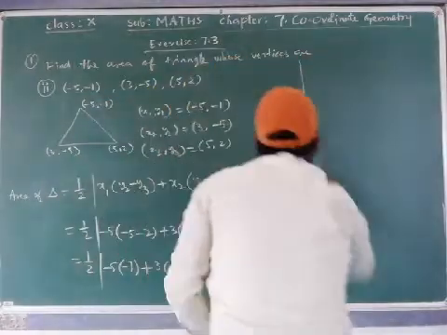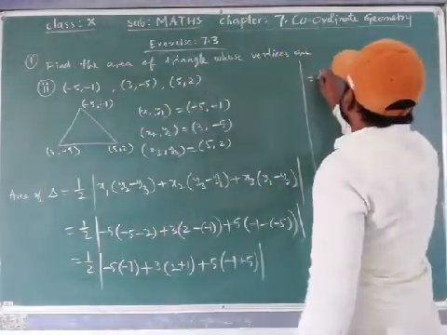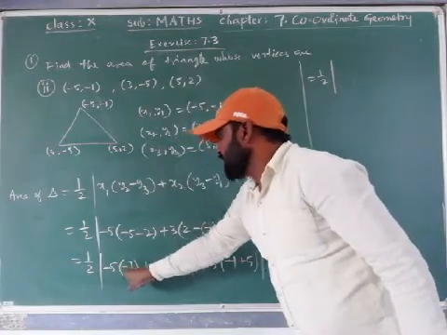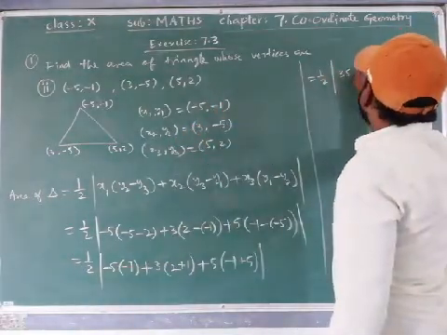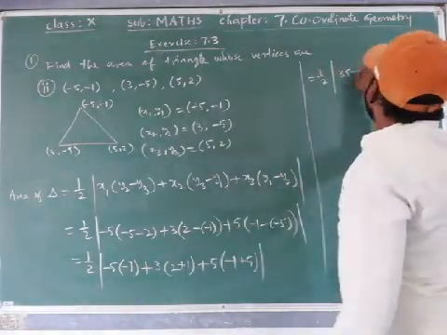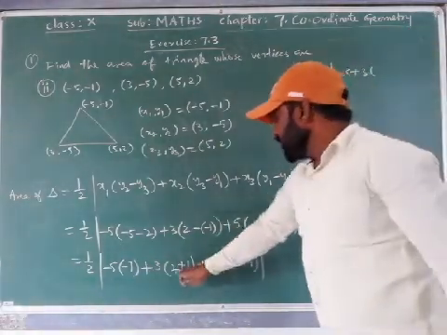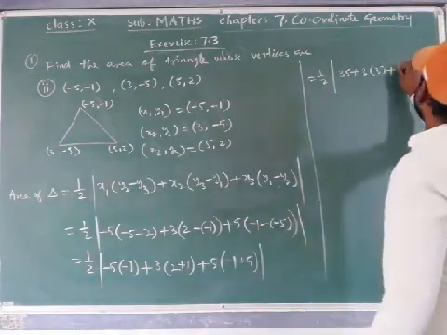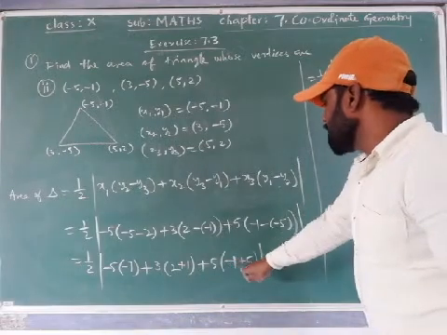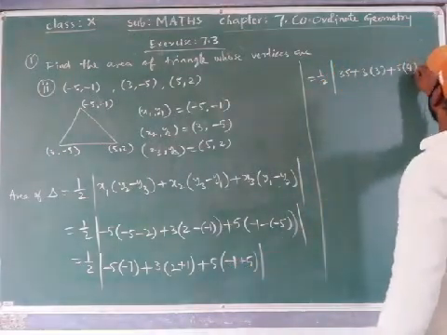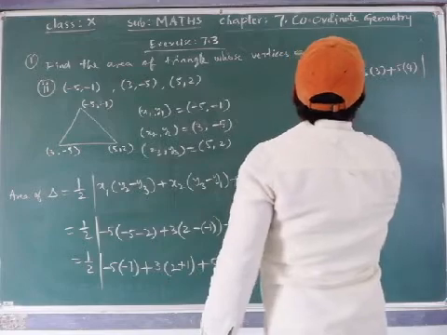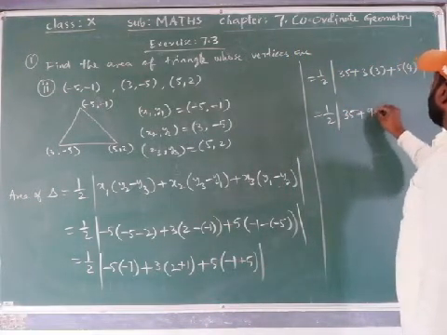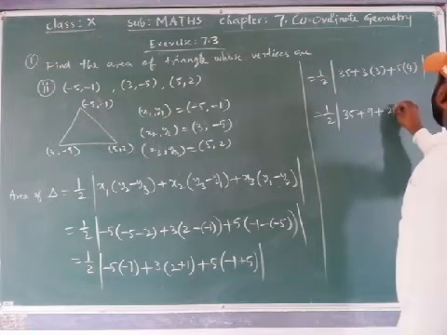Next, 1 by 2 inside this, minus into minus it is plus, 5 7s are 35. Plus 3 into 2 plus 1, again 3, plus 5 into, in the bracket, minus 1 plus 5 it is 4. Next, 1 by 2 of 35 plus 3 3s are 9 plus 5 4s are 20.